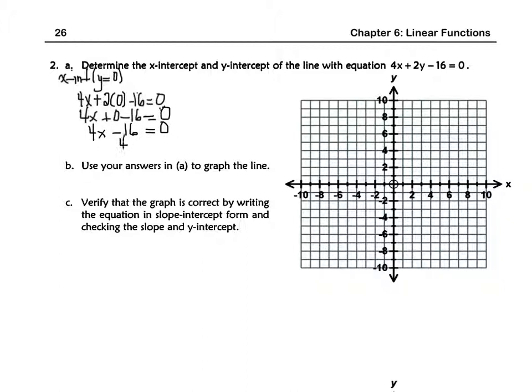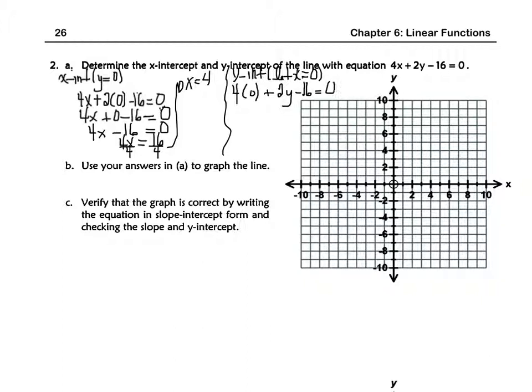So then if you isolate the x, 4x equals 16, and then divide both sides by 4, you get x equals 4. And then to get the y-intercept, let x be 0. So then you've got 4 times 0 plus 2 times y minus 16 equals 0.